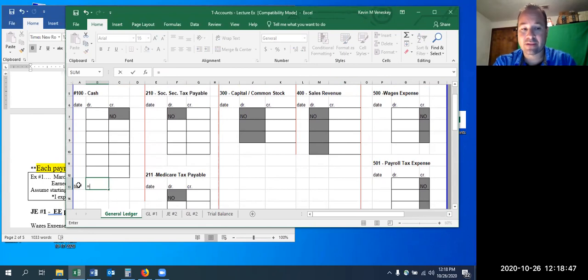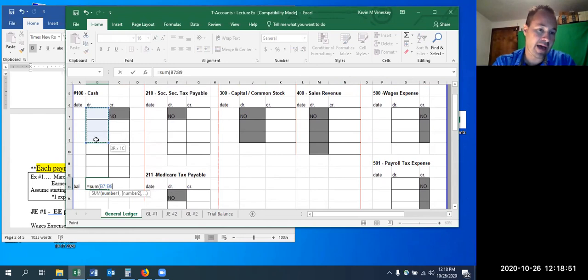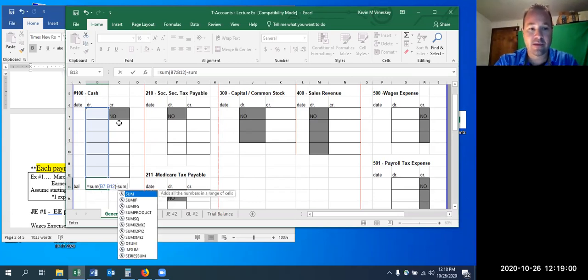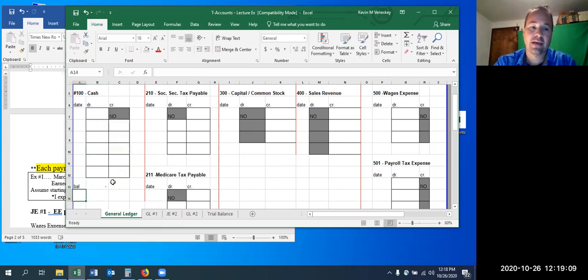You'll put sum, and then you'll add up the whole debit column because debit is on the plus side. And then we're going to subtract the minus side over here. I'm going to put sum and then the parentheses, add up everything in the credit side, close the parentheses. And if you have it set up as I do, when you open up this document, the whole document is set up as accounting format.